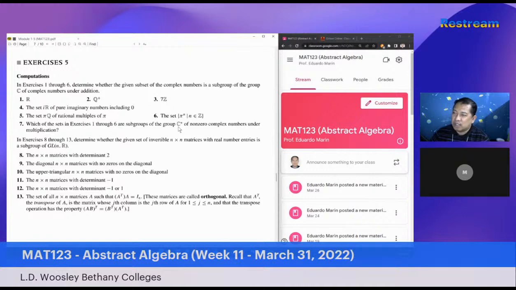So definitely 1, 2, 3 is not because it's a different category. We're looking here either 4, 5, 6. The applicability of 4, 5, 6. If instead we will change the type of numbers into C asterisk, meaning non-zero complex numbers, then this is under multiplication.